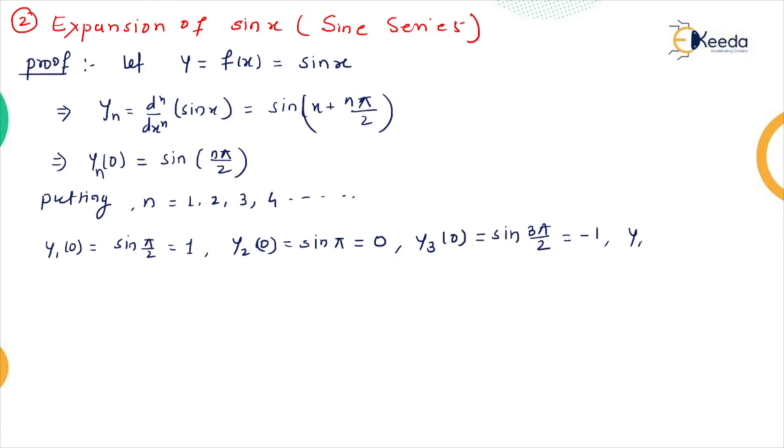Also, y4 of 0 is sin of 4 pi divided by 2, which is again sin of 2 pi, so this is again 0.